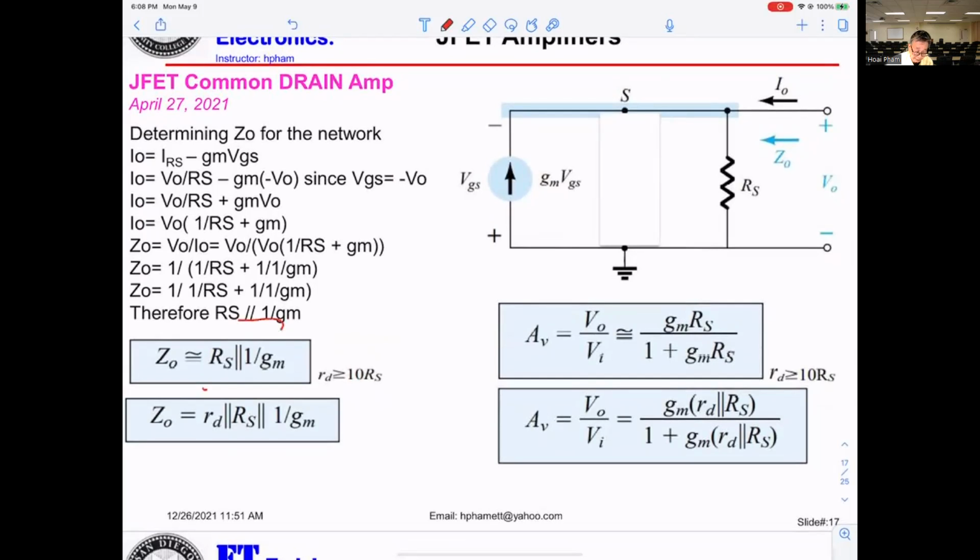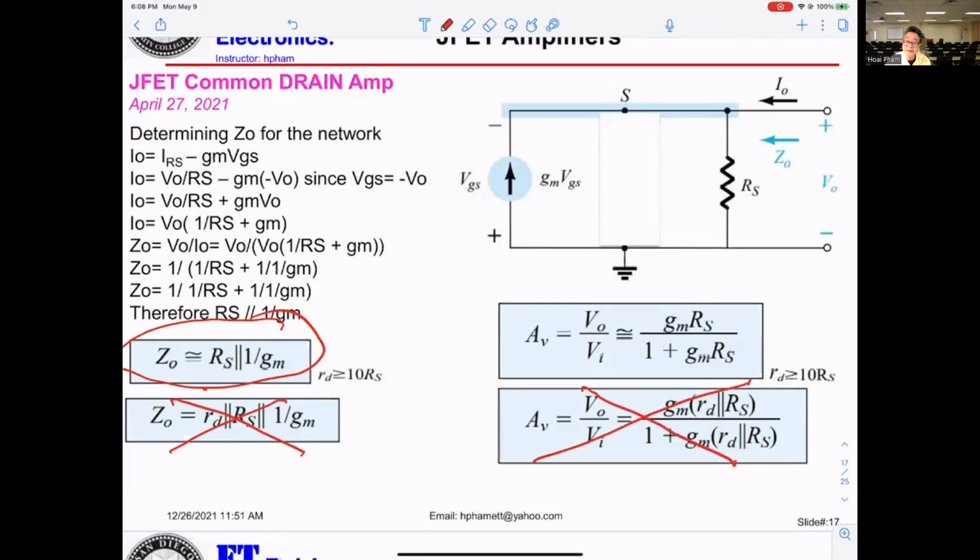If you want to calculate the G out, they will be RS parallel with 1 over GM. And we don't care about that one. We ignore R small d. And also, if you want to calculate the gain, then AV equal V out divide V in. GM times RS divide 1 plus GM RS, you don't care about that one.